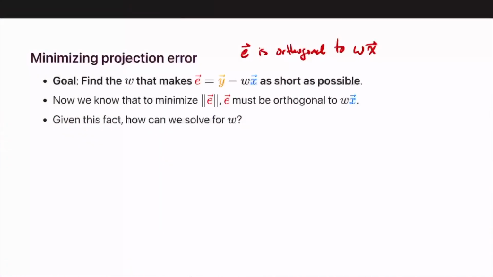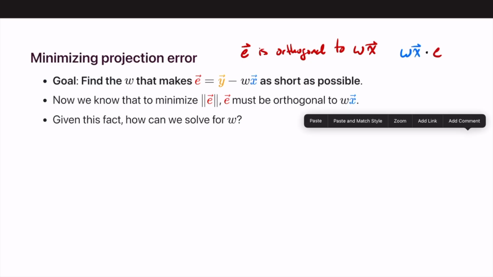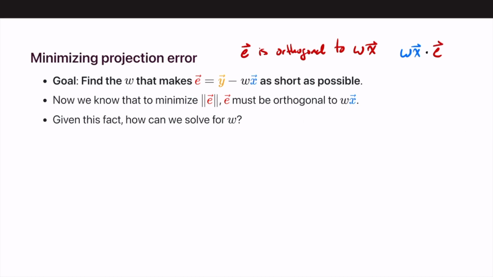Okay, so we'll say that Wx dotted with some E vector is equal to 0, right? So this is what we want right here. And let's go ahead and solve for what W can be.